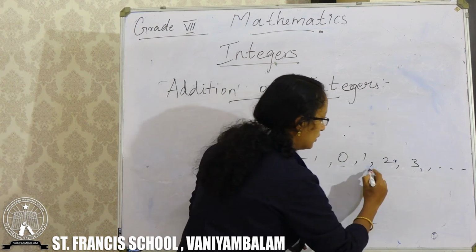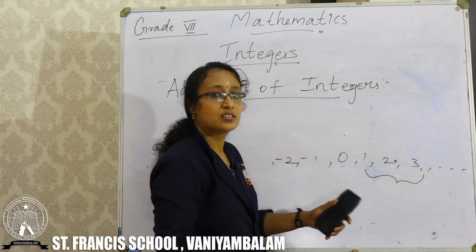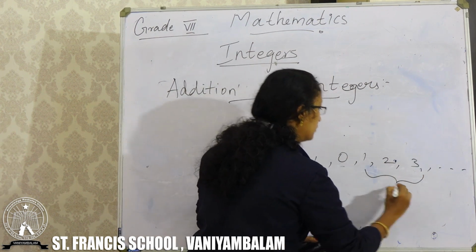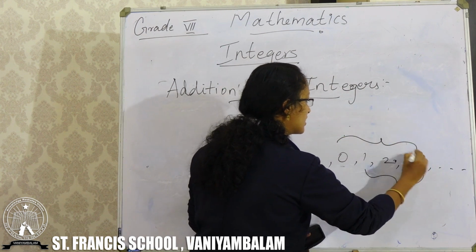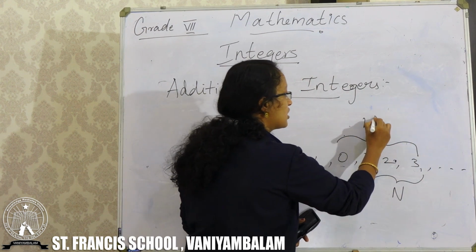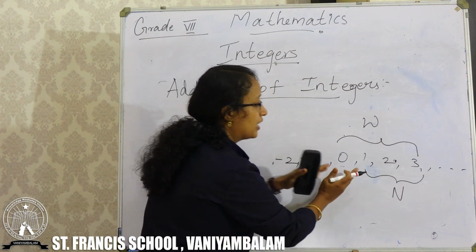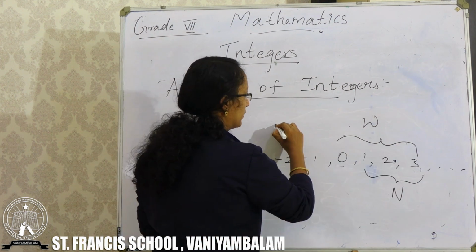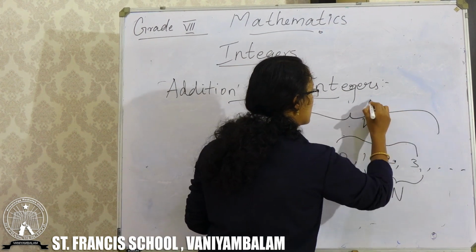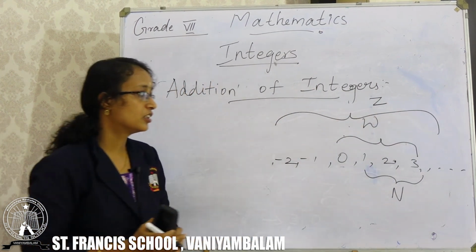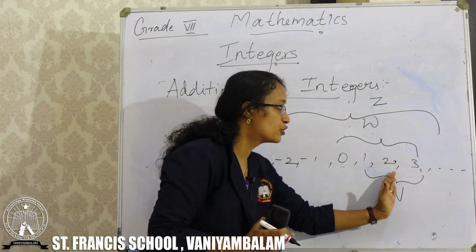I'll explain. This is your natural number, and including 0 with your natural number is your whole number, and negative numbers with 0 and the whole numbers is your integers. Got it? 1, 2, 3.